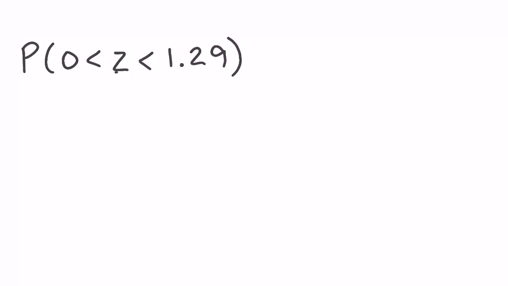And we started looking at the probability that Z is between two numbers. Let's try the probability that Z is between 0 and 1.29. So what we're going to do is look up the chart value for both of these numbers.